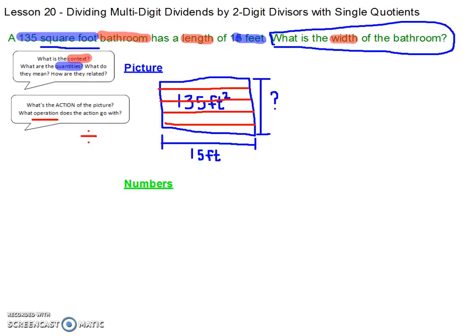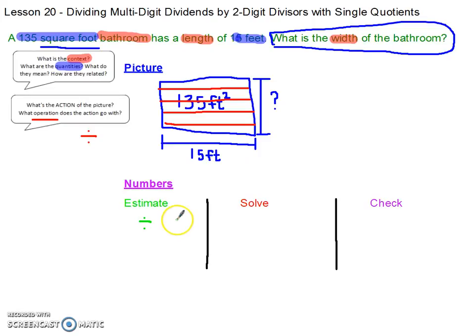Next, in solving our problem, we want to solve our question with numbers. And with numbers, there are 3 things that we need to do to solve. We're going to estimate to check the reasonableness of our answer. Then we're going to solve it, and then we're going to check our answer. So with the estimate, we know that we're going to be using division.